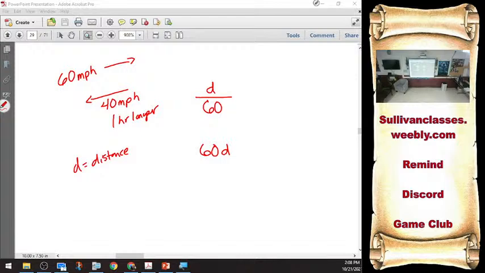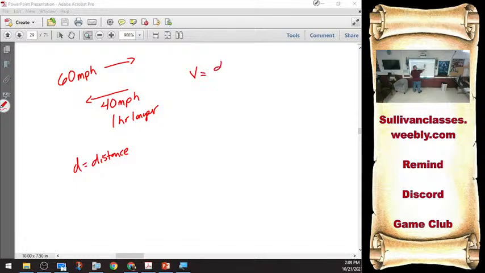Whenever we talk about your speed, it's miles per hour, distance per time. The whole lot of you are in physical science, right? Distance per time is velocity. Well, you know what? Let's use that.